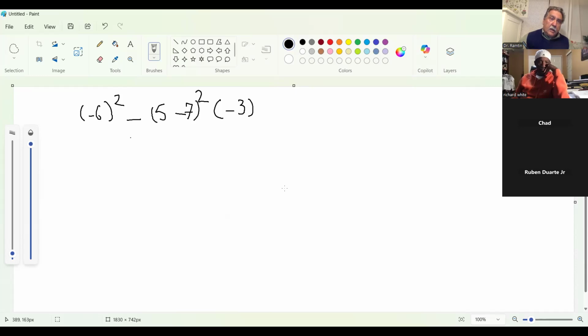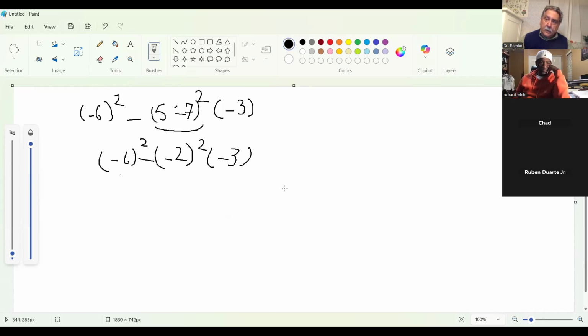Actually, we don't write the 1. So we always do whatever we have to do inside the parentheses first. So we start from here. 5 minus 7 is minus 2. So I put that there, to the power of 2 times minus 3 here. And I have also minus 6 to the power of 2.